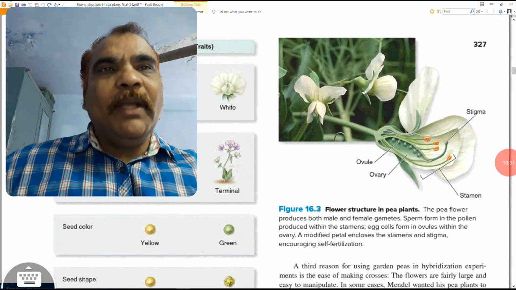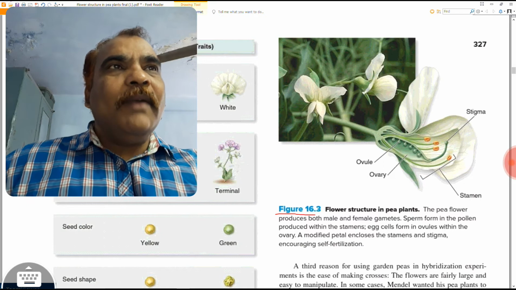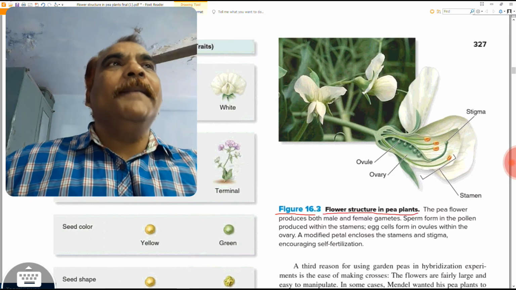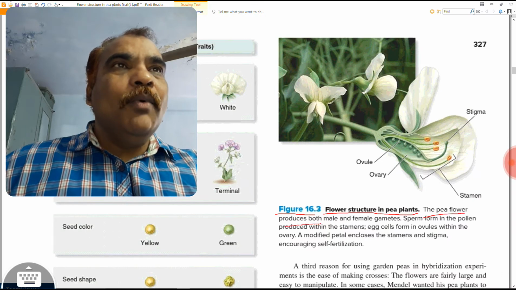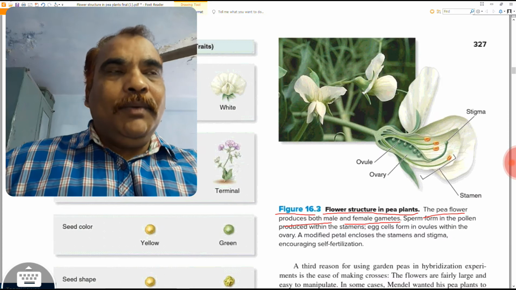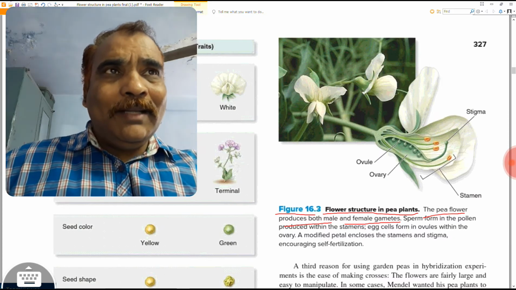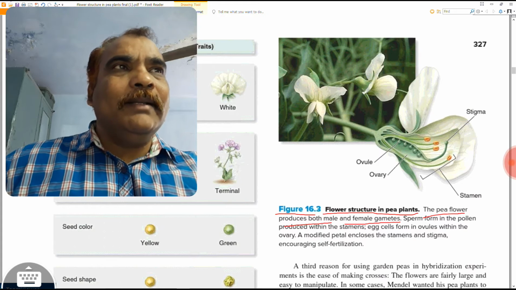Here in this figure, see figure 16.3, flower structure in pea plant. The pea flower produces both male and female gametes. So female gametes and male gametes are formed within the pea flower itself.